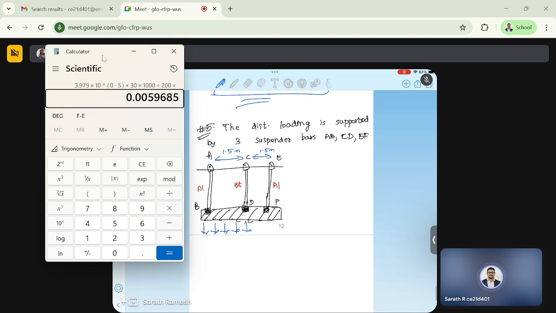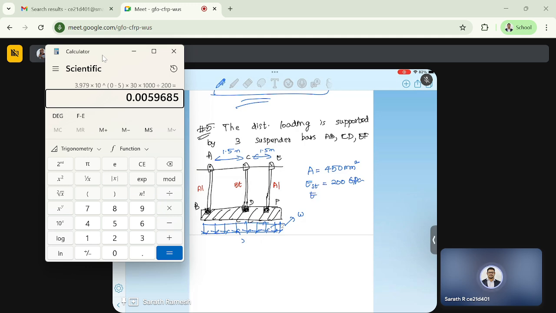There is a distributed loading. The load is acting like a UDL, a uniformly distributed load. This is W. It is not given; this is what we have to find. W is the distributed loading, and all the bars have an area of 450 mm square, and Young's modulus is also given. For steel, it is 200 gigapascal.